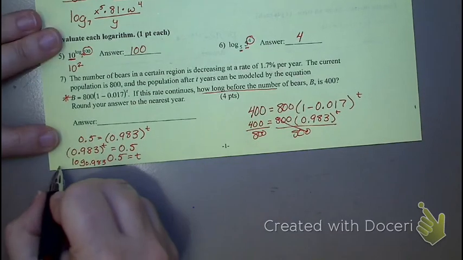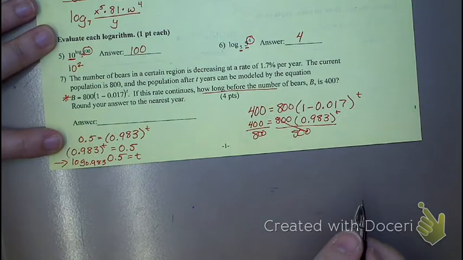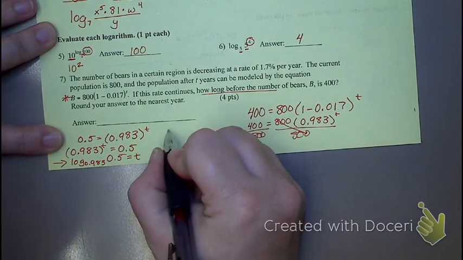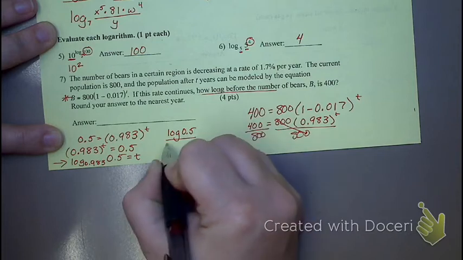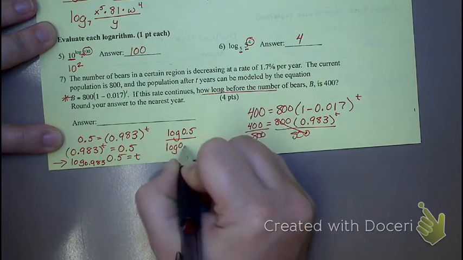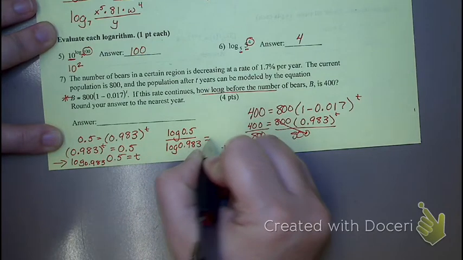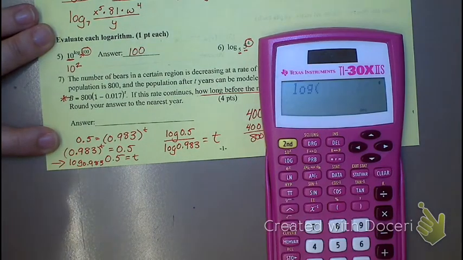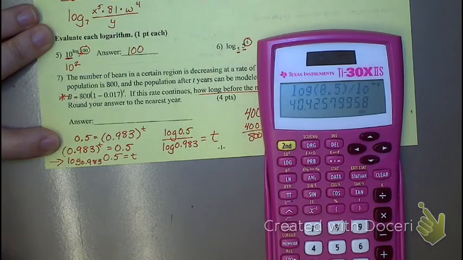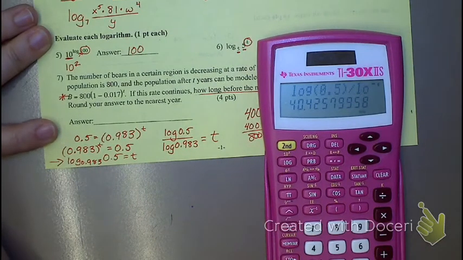From here, if you remember from the notes yesterday, we have to use our change of base. So I'm going to plug into my calculator log of 0.5 divided by log of 0.983, and that's going to give me my time. I get 40.42. So again, I'm talking about years.